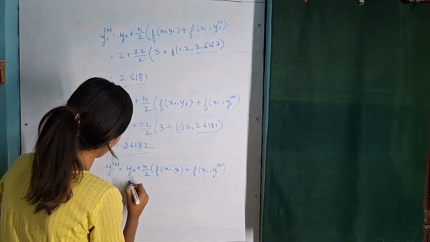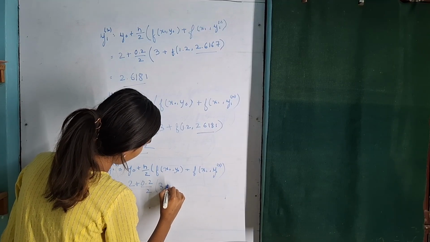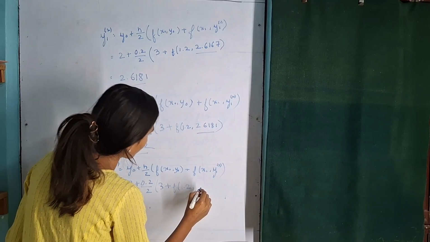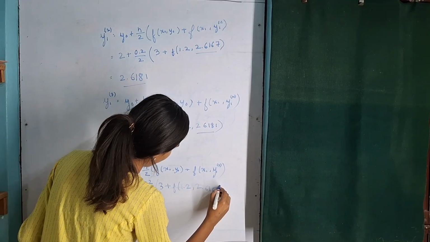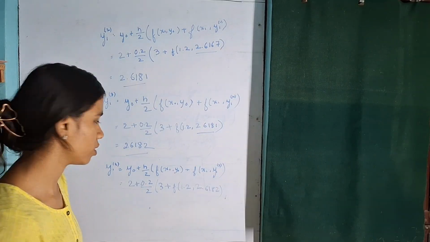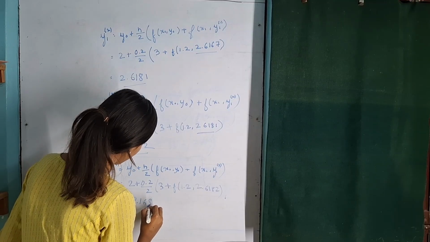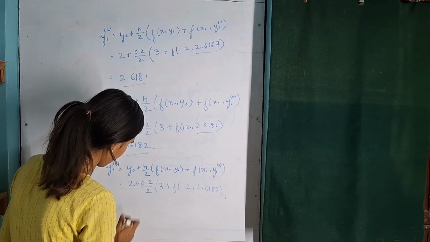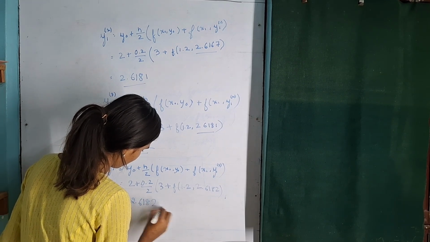Till the last term changes. Right? So you know your y0. You know all the other terms. f of your x1 is 1.2, comma your y13 is 2.6182. When you put this in your calculator, using the same process, you get your answer as 2.6182.